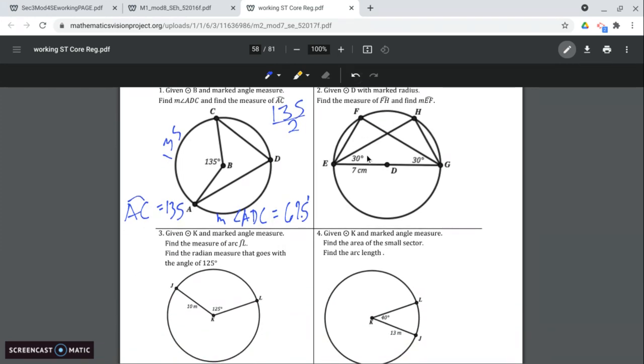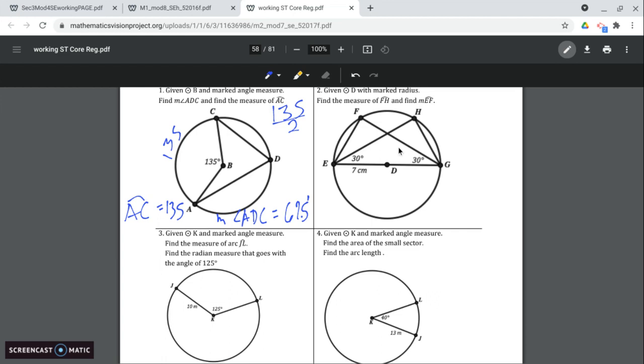All right, so same idea for number 2. You're given circle D with marked radius, so you have the radius on here. Find the measure of arc FH and find the measure of arc EF. So you're just looking at what the arc is for FH, this little arc here, and EF, this arc over here.